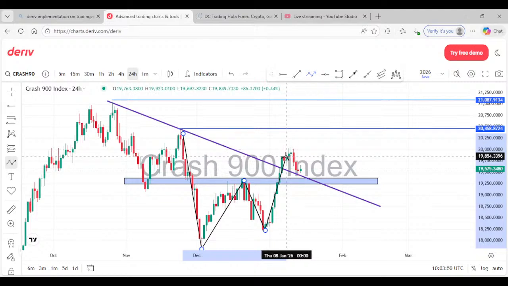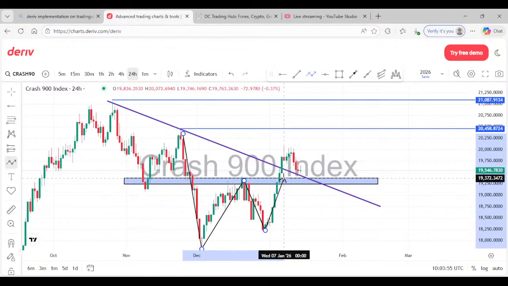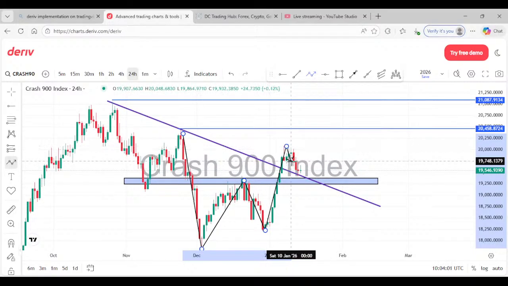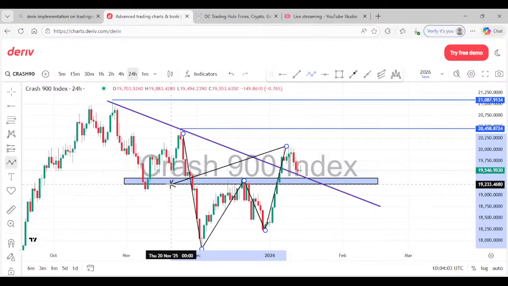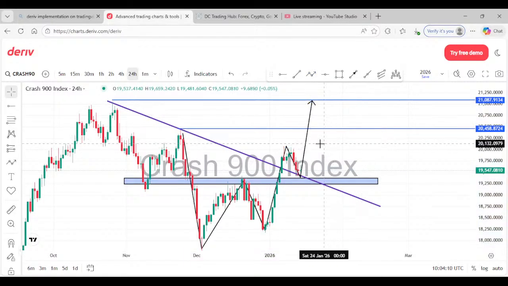So what I'm anticipating is this. On this particular time frame, the daily, there is a likelihood that price, yes, it was making a correction. Now, since it has broken the trend line, it's also going to come and make a retest at this particular level, and then continue moving up, something like this.